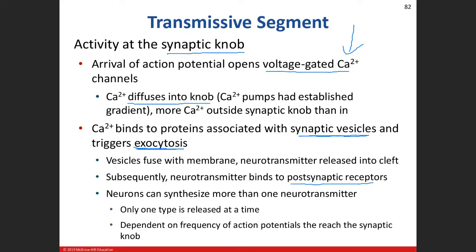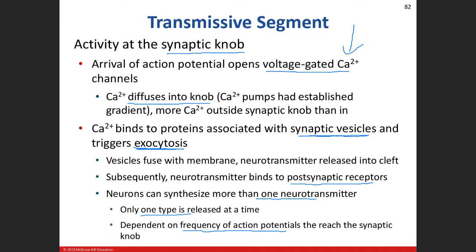Interesting thing, and this is one of my more favorite types of facts: neurons can make more than one type of neurotransmitter. But here's the problem. They can only release one type at a time, and that's partially dependent on the frequency, the number of action potentials that come down to the synaptic knob.